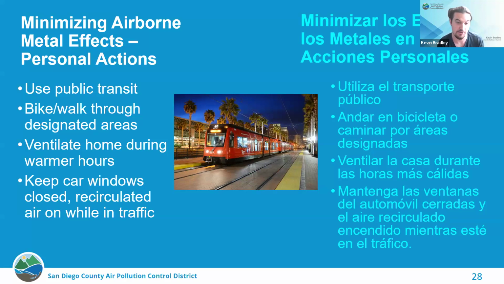As far as your home, you can ventilate your home during warmer hours. That's when your particulate matter levels tend to be at their lowest, when the air is mixing really well. So it's a good time to get some fresh air in your home. And on the other side of things, if you're sitting in traffic, maybe keep your car windows closed and have recirculated air on, things like that, to try to reduce your own personal exposure.